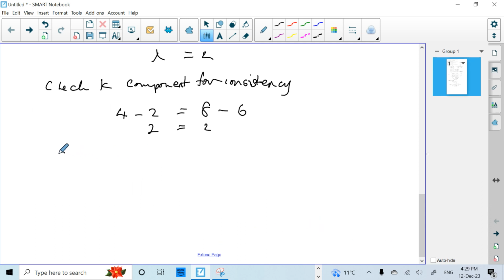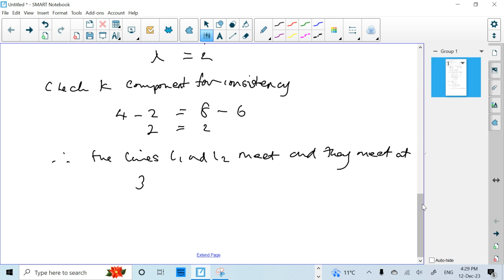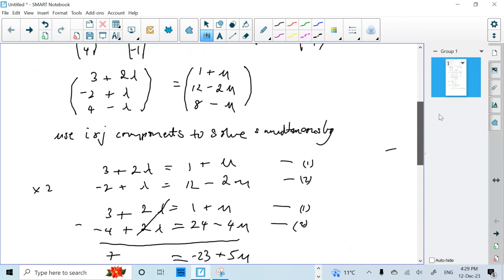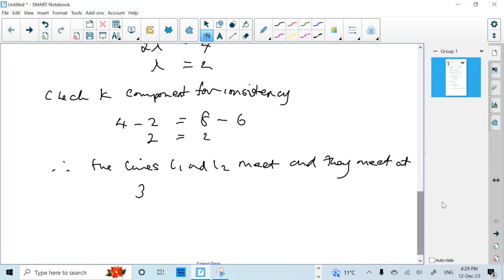I can say, therefore, the lines L1 and L2 meet, and I'm going to find where they meet. Well, I'm going back now, and of course I'm going to use 3 plus 2 lambda, minus 2 plus lambda, and 4 minus lambda, and substitute the value of lambda in.